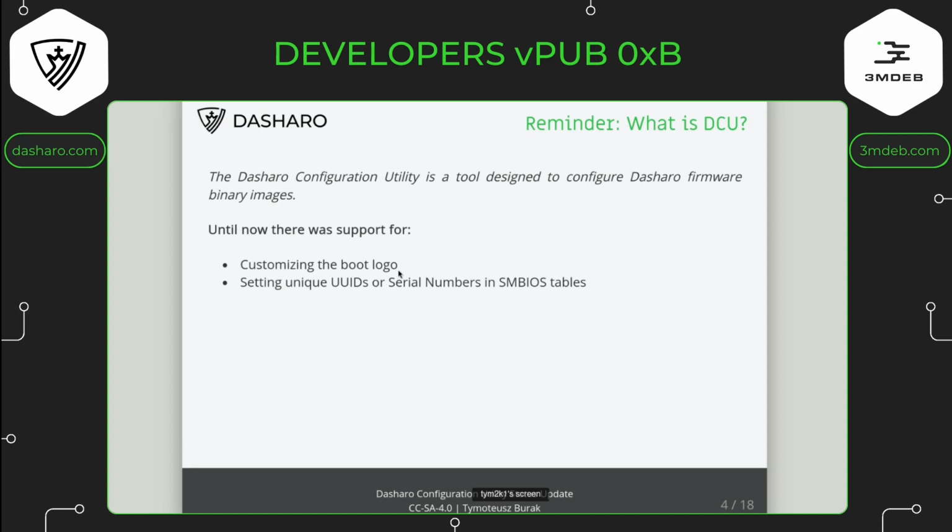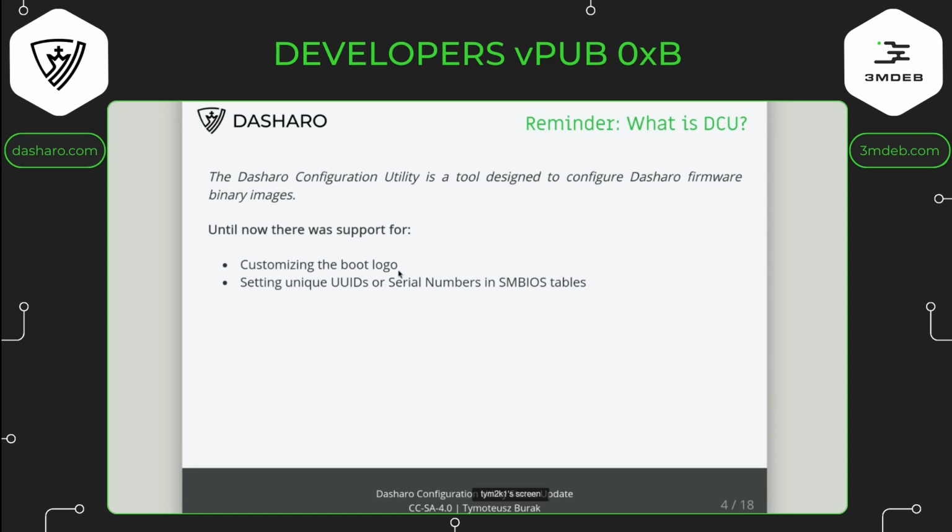So Dasharo configuration, DCU, is our dedicated tool that enables the customization of Dasharo binaries for users. It was made because we needed a more scalable solution. Rebuilding the whole firmware image just to change, for example, a boot splash logo is not so great.